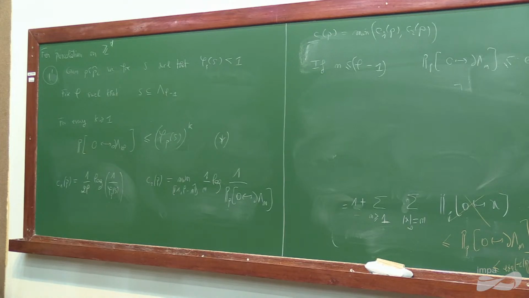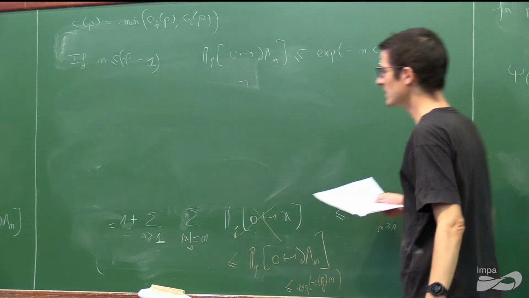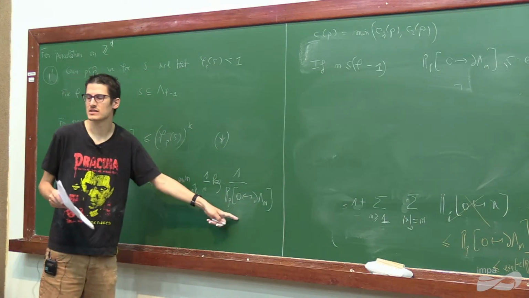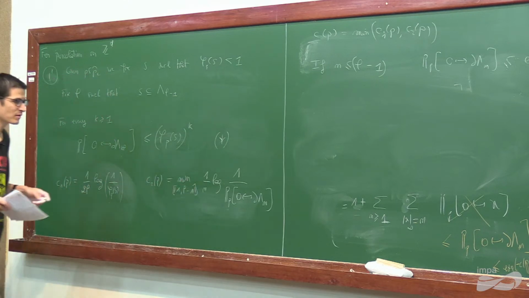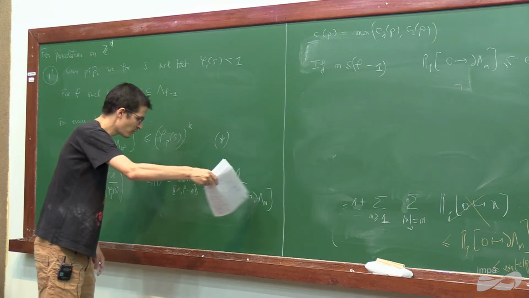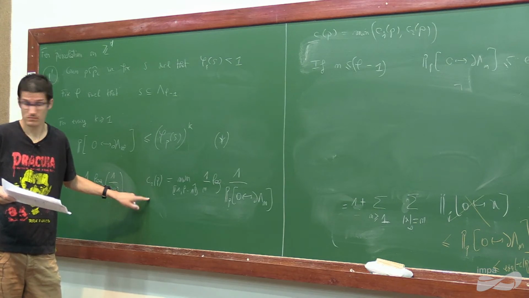Let me check that I have not written anything stupid. Yes, this is true. And C2 is defined as the minimum, so this just gives you this inequality for free. And the fact that for any n this is always smaller than 1 gives you that C2 of p is positive.